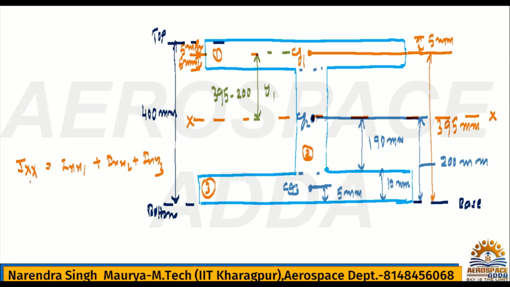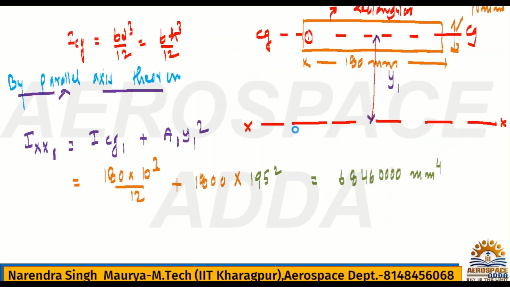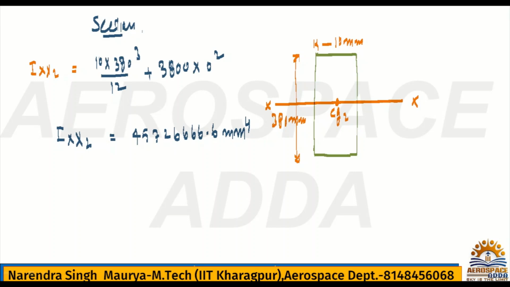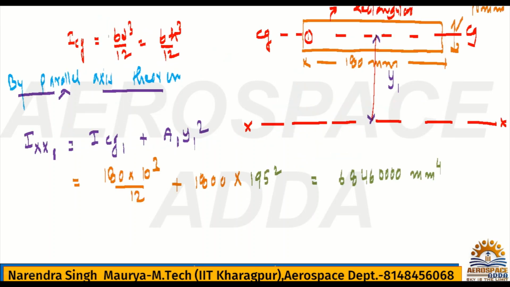This is the CG2 location, and what is the distance of CG2 location from x-x? It's the same only. So that distance y1 is nothing but 0. Right? So here you will get Ixx2, the approximate value. This is section 2, and this is section 1.